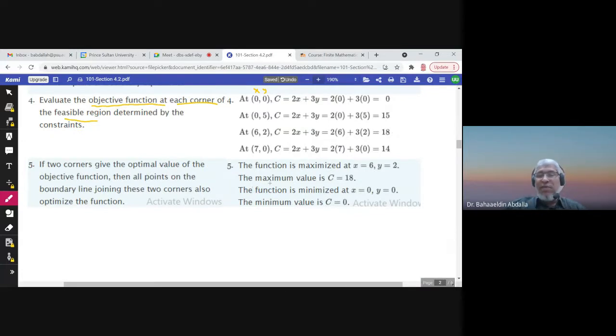So we say that the maximum value is 18, and the function is maximized at x equals 6 and y equals 2. The function is minimized at x equals 0 and y equals 0 because the minimum value of C is 0. So at the corner points, we will find the minimum value and the maximum value, and where each one of them occurs.